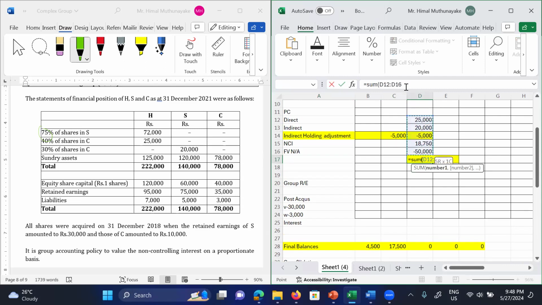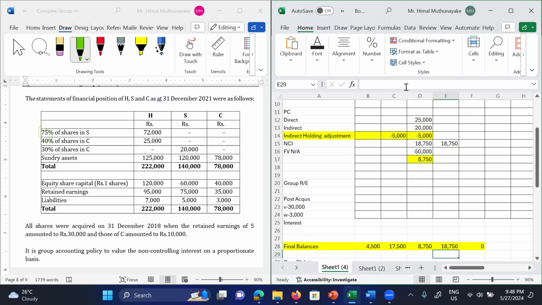So then we can get the goodwill. It is 8,750, right? So the NCI balance also we need to write here, right? So we have completed that.